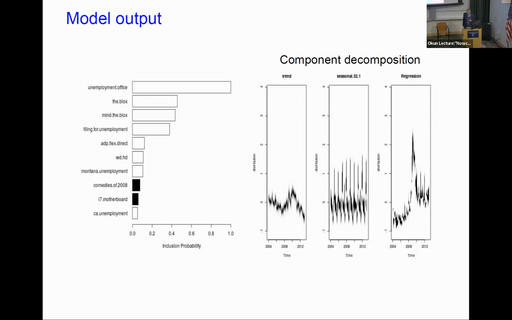So it's that unemployment office, that's a good predictor. The blocks, that turns out to be a game. That's not a very good predictor of the unemployment rate. Filing for unemployment, Montana unemployment, et cetera. So you get a list of variables that may be predictive. And based on that, you could pare your list, or you could add more to it and get a model that you're comfortable with in terms of doing this kind of forecasting.